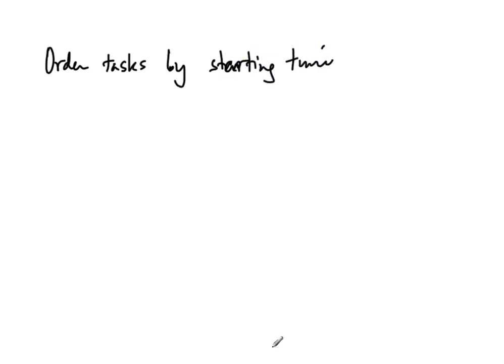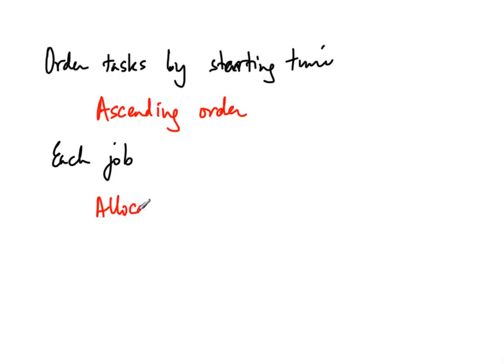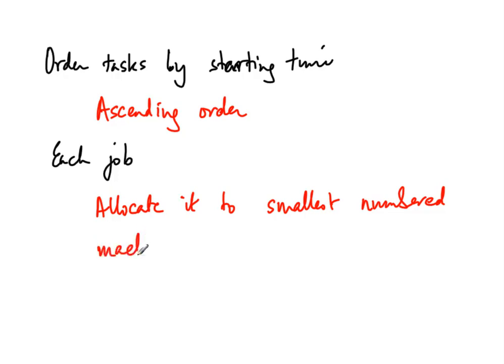Okay, and order in what order? Well, order in ascending order or in not decreasing order. Okay. And then for each job, okay, so what we have to do is we allocate it to the smallest numbered machine that is idle.